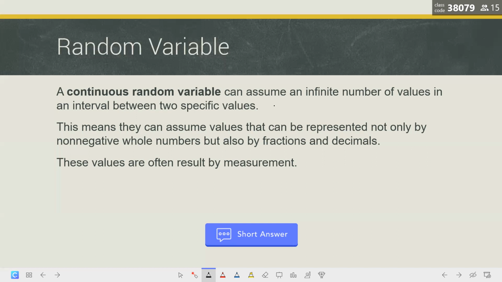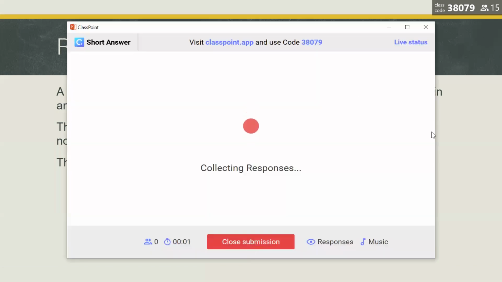So, aside from the weight, I want you to give examples of continuous random variable in our class. So, I'll be giving you 3 minutes to give example of a continuous random variable.